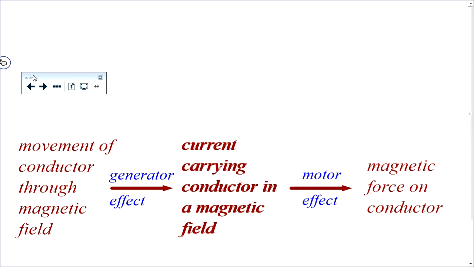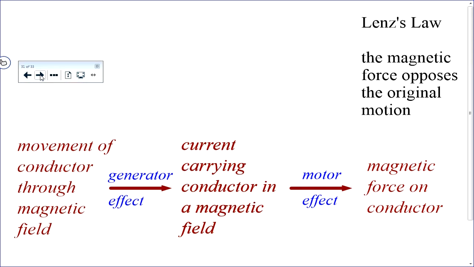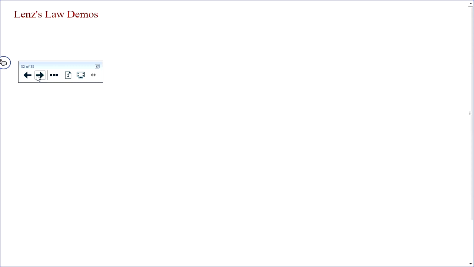It's a series of 3 links in this cause and effect phenomenon. And Lenz's law says that force will oppose the motion. Lenz's law is a really, really amazing thing. So we're going to take a look at a number of demonstrations right now showing you Lenz's law.